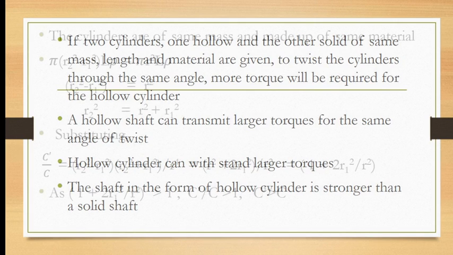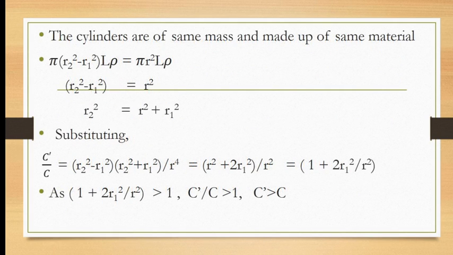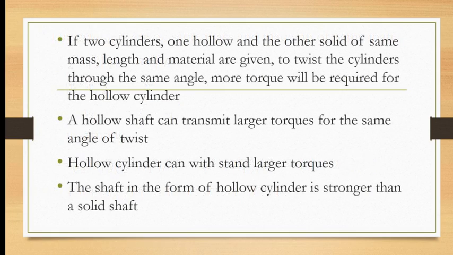We had got that C dash is greater than C. C dash is the couple per unit twist. So theta is the same for both the cylinders. But even though theta is the same, C dash is greater than C. That means the torque or the couple required for the hollow cylinder is greater than that of a solid cylinder. So more torque will be required for the hollow cylinder.